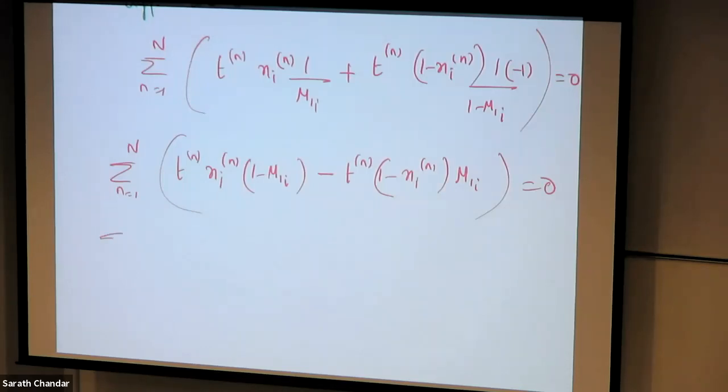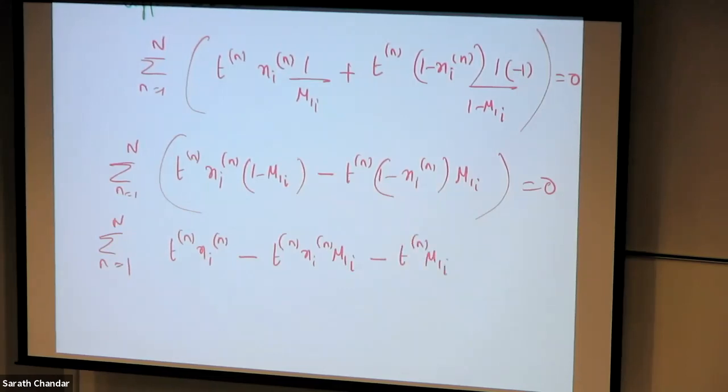So this becomes summation over n equals 1 to capital N, t_n x_i^(n), minus t_n x_i^(n) μ_1i, minus t_n μ_1i, plus t_n x_i^(n) μ_1i, is equal to 0.